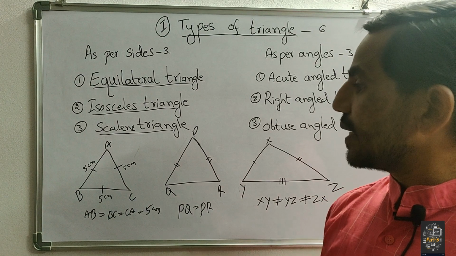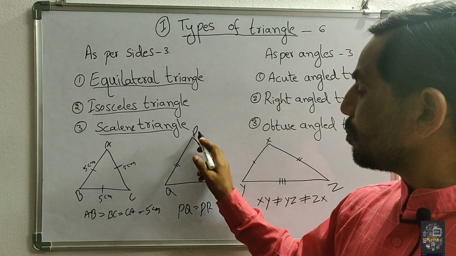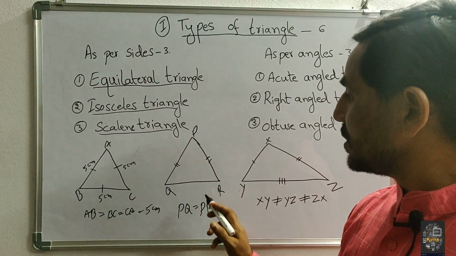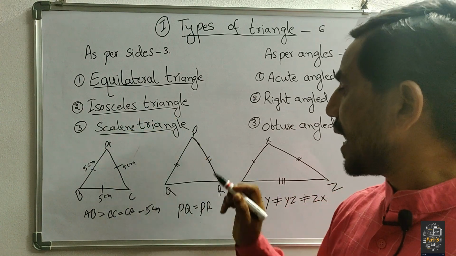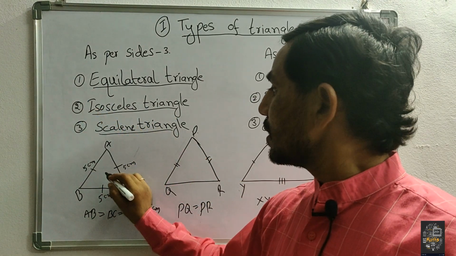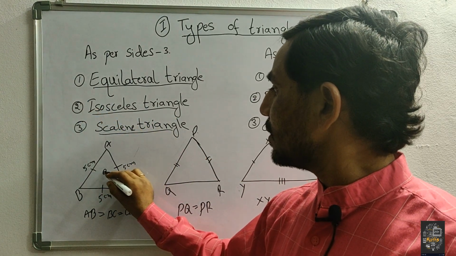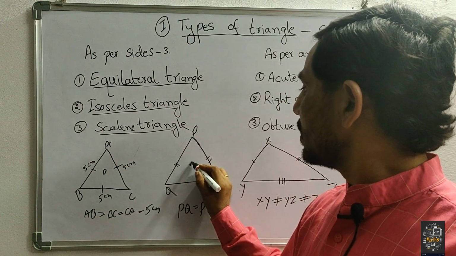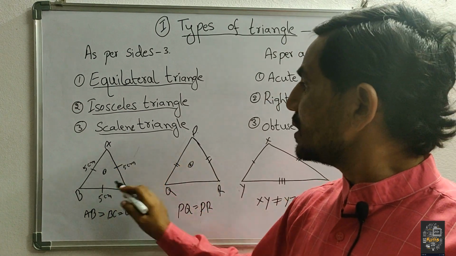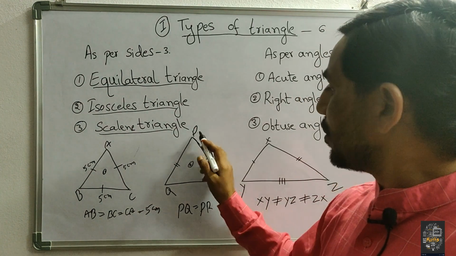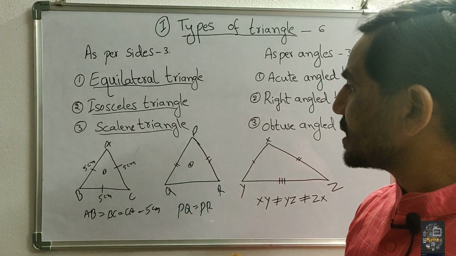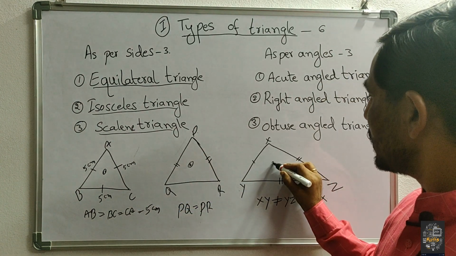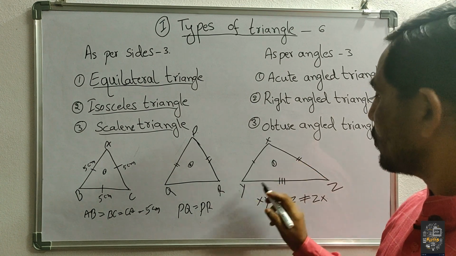This is equilateral triangle ABC, PQR is isosceles triangle, and third one is scalene triangle XYZ.